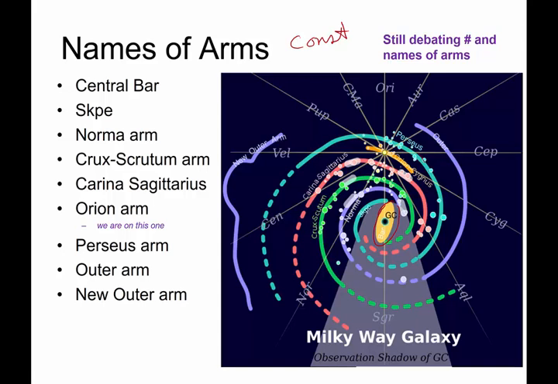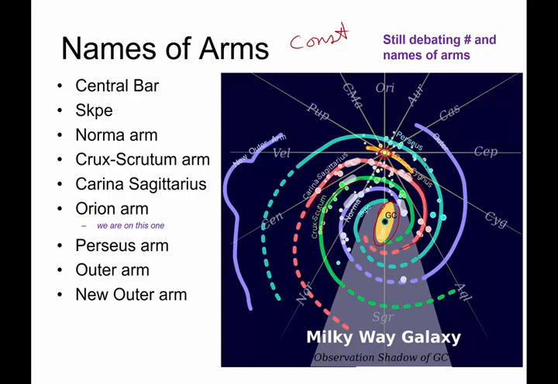If you look towards Orion, there is the Orion arm, and this is our representation of where our location is. We are on the Orion arm of the Milky Way galaxy. You look towards Perseus, you see an arm. If you look towards Crux Scutum, which happen to be constellations in the southern hemisphere, you see those arms. Carina Sagittarius, that is the name for the constellations for this arm.